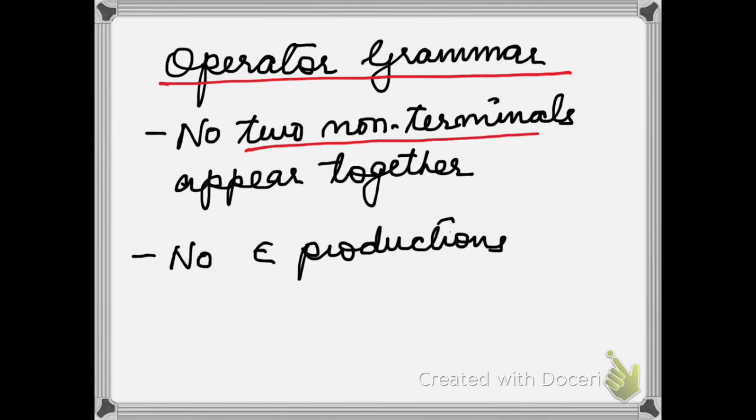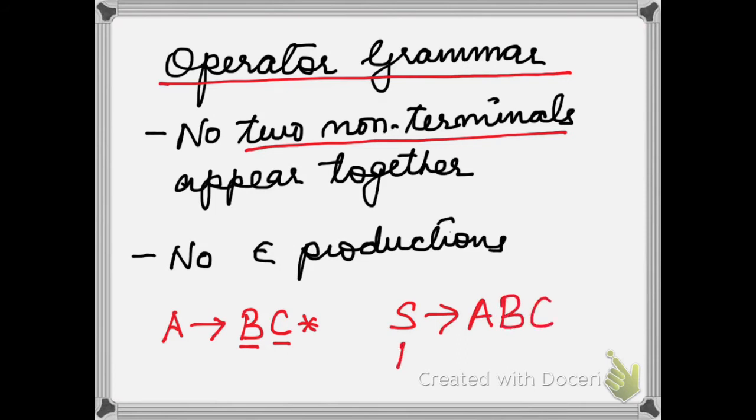The first one says that no two non-terminals appear together in the grammar. That means if I have a production like A derives B C star, this is not an operator grammar because the two non-terminals B and C appear together. So you cannot have productions like this.